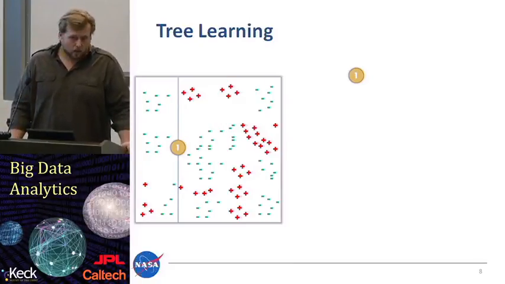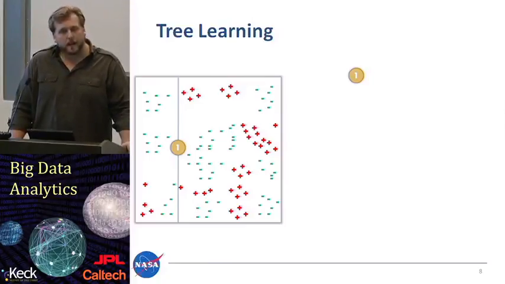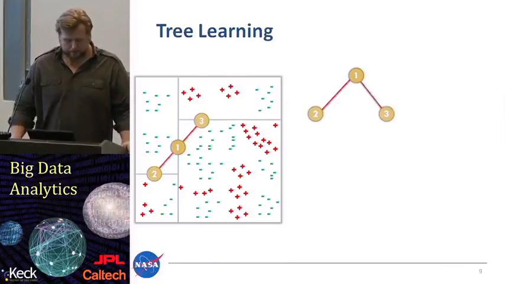In this case, that could be the misclassification rate. So you want to find, for example, the vertical split, number one, which best separates the two sets of samples into positive or negative ones.